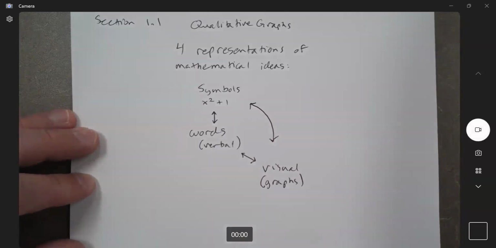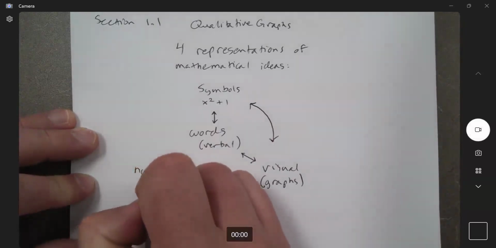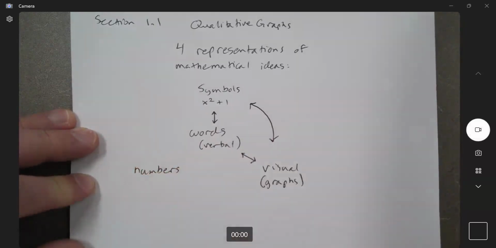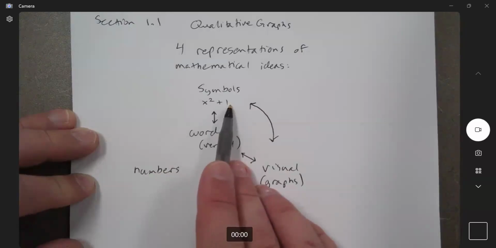And then the last representation that's often kind of discounted by math teachers is the idea of numbers. If you ever heard of guess and check, plug and chug, sometimes it's like, well, yeah, you can do that, but that's not really the math. You're not doing the math until you can do it with symbols. But I don't actually believe that.